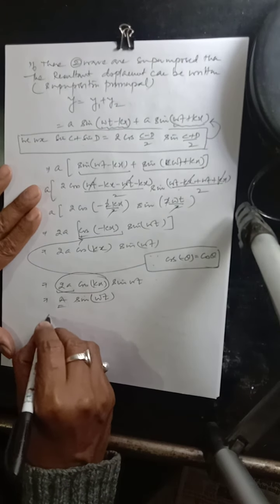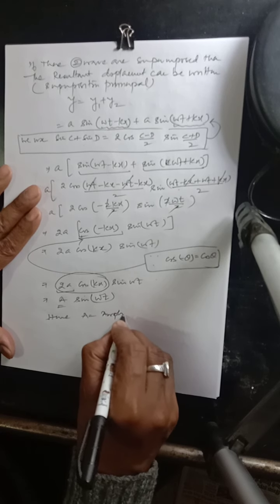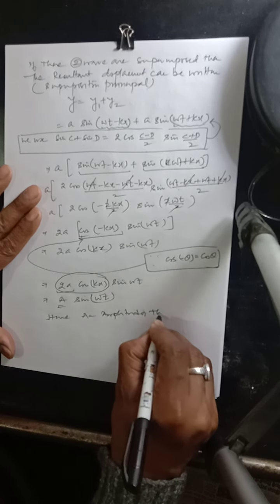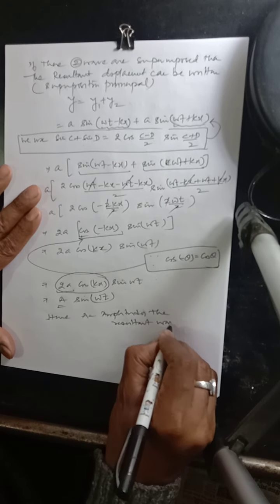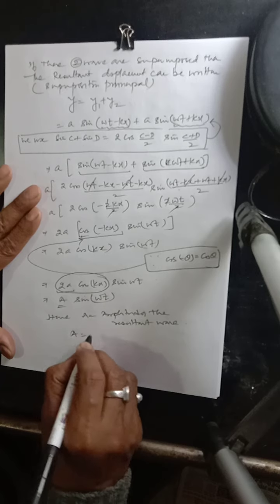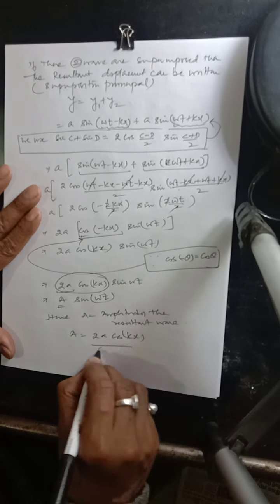We can write here that A prime is the amplitude of the resultant wave, and A prime is 2A cos of kx.